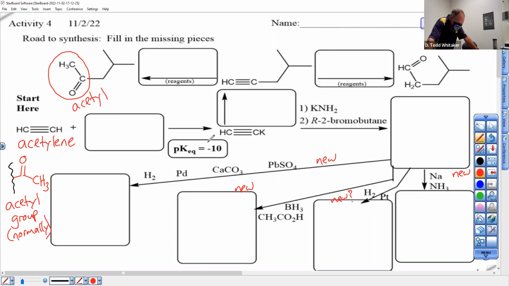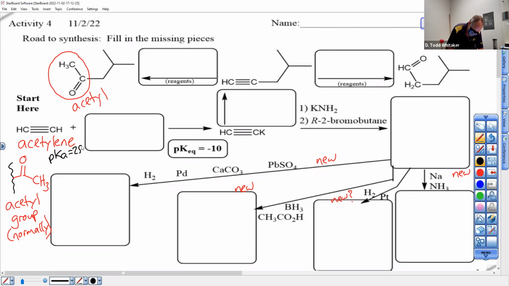Clearly, we're talking about some kind of acid-base reaction. Why do you think I gave a pKeq? What am I trying to hint at here? What kind of reactions do we give pKeqs for? Acid-base. You know the pKa of acetylene. What is it? It's a terminal alkyne, so what is it? 25.